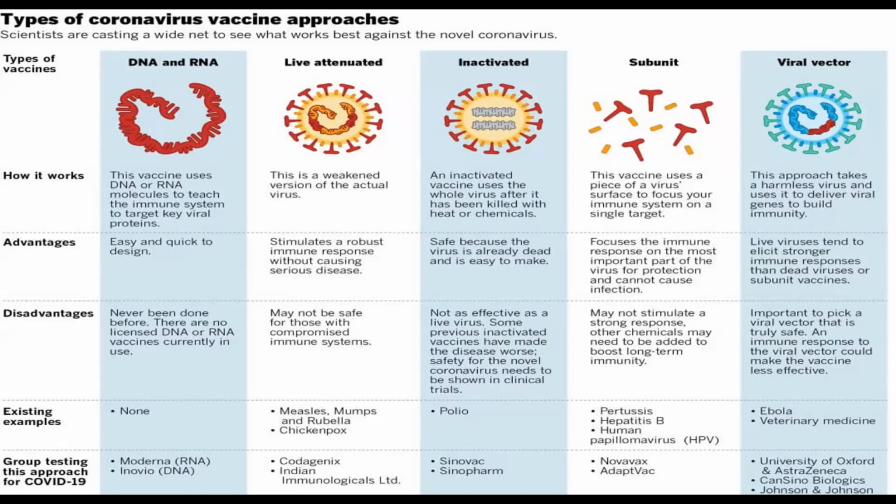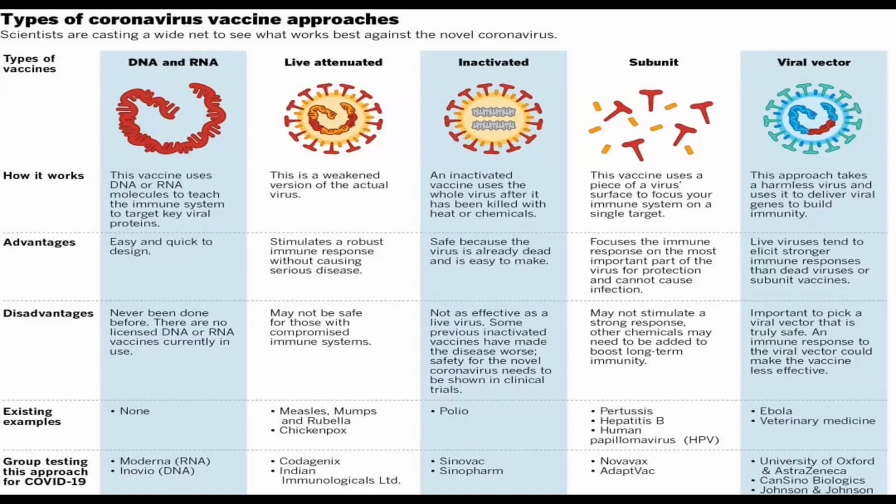So, subunit focuses the immune response on the most important part of the virus for protection and cannot cause infection. Sa viral vector, live viruses tend to elicit stronger immune responses than dead viruses or subunit vaccines.